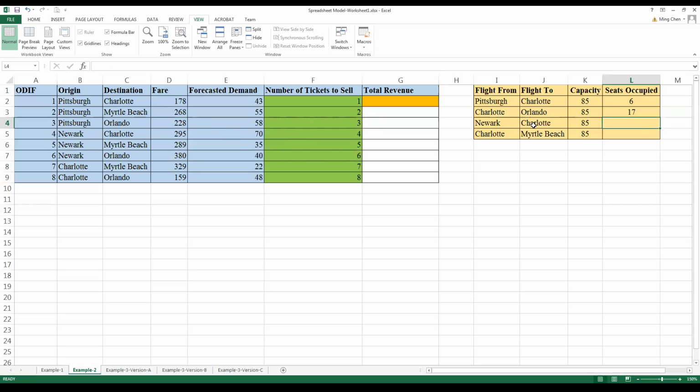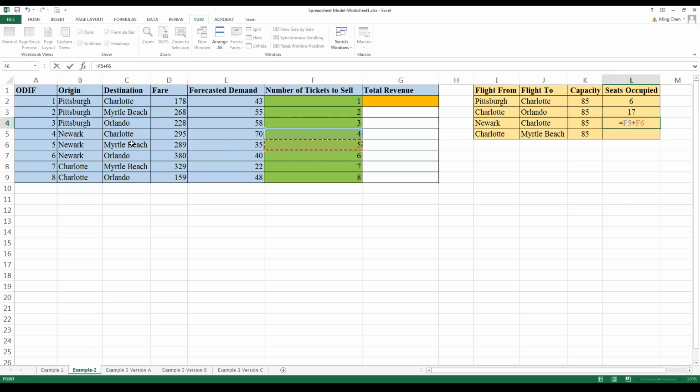Next, who will be going from Newark to Charlotte? So Newark to Charlotte. Who will be sitting on this flight? Of course, the Newark to Charlotte, this many people. Those people will go direct from Newark to Charlotte, that's the only flight they take. Okay, Newark to Charlotte. Do we have more passengers that will take this flight? Yes. We'll also have to add the ones who are going from Newark to Myrtle Beach.